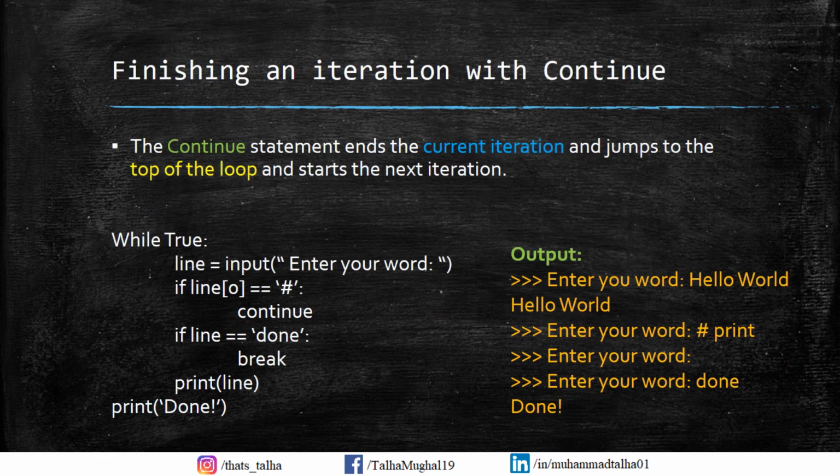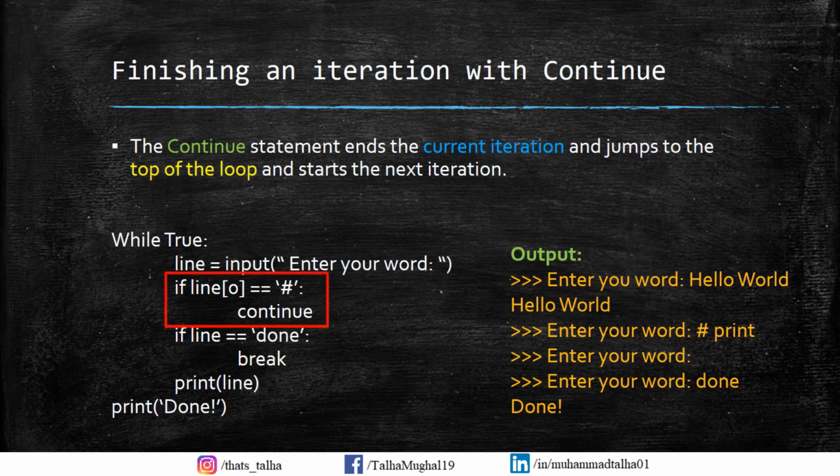We can also finish an iteration with the continue statement. The continue statement ends the current iteration and jumps to the top of the loop and starts the next iteration. Here I have taken the same example of a while loop that I previously used. But this time I have defined another conditional statement.